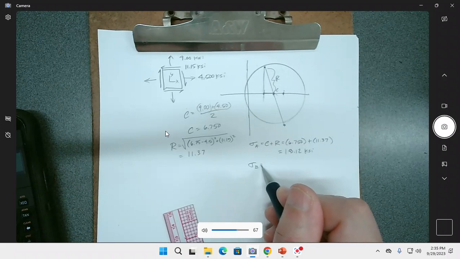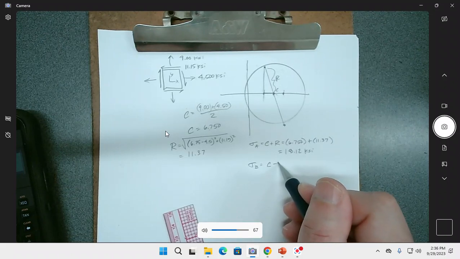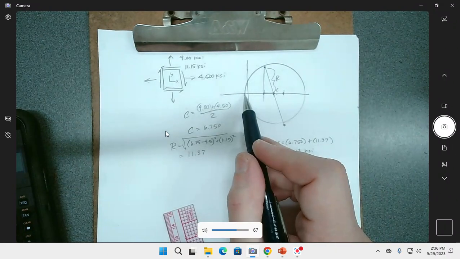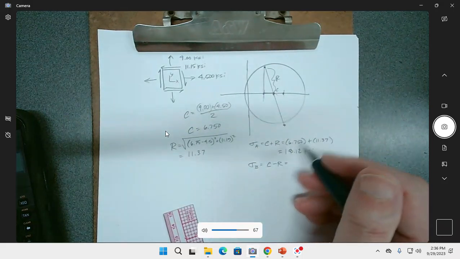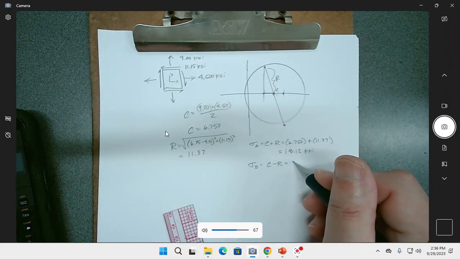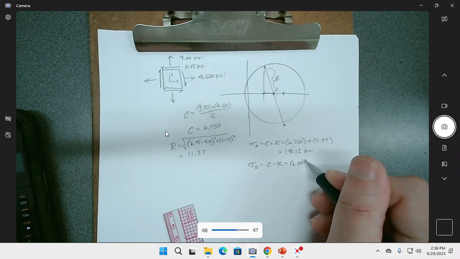Sigma B, C minus R. Okay, yeah, okay, so it is going to be a negative number, so it is crossing over there. I should have recognized that before, but what are you going to do, right? Perfection's unobtainable.